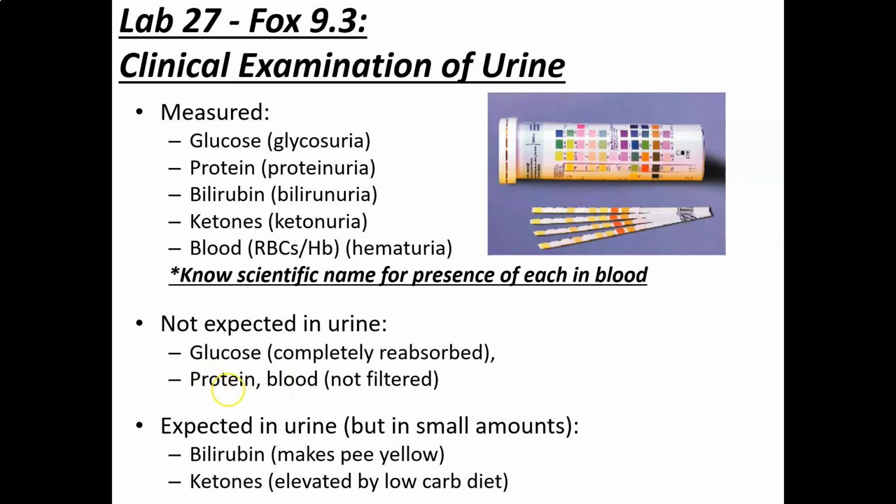What's interesting is that protein and blood, so if you're measuring it as hemoglobin, right, that shouldn't be in the urine either. But the reason why they're not there is they're not filtered in the first place. So normally protein or blood, the formed elements of blood, is just physically too large to get through the filtration apparatus.